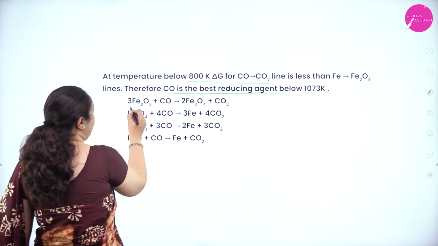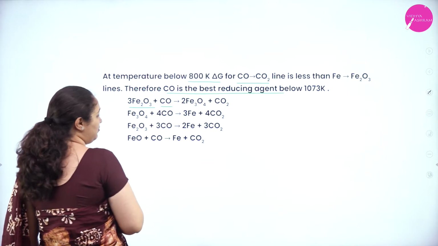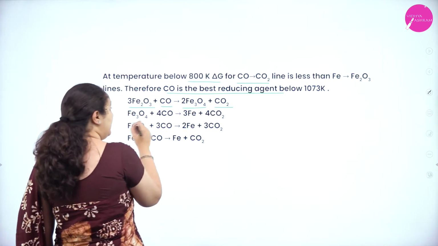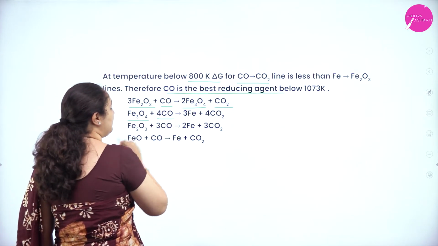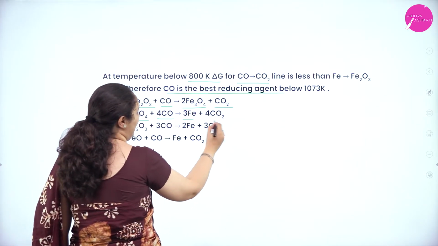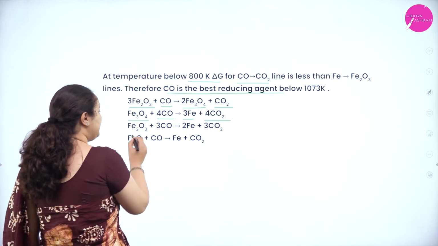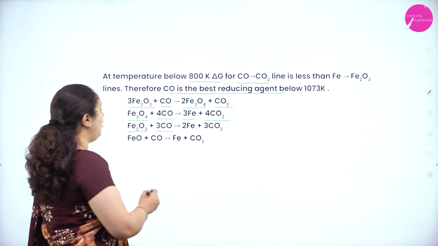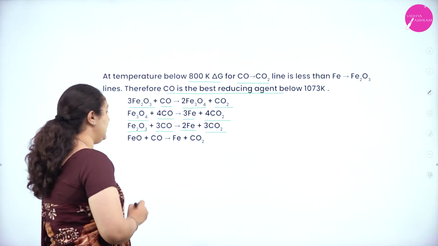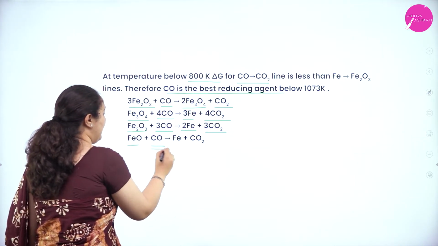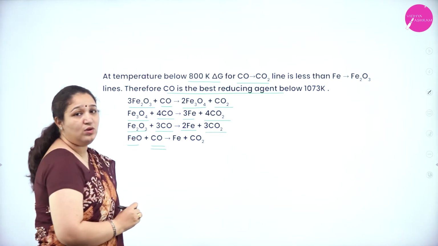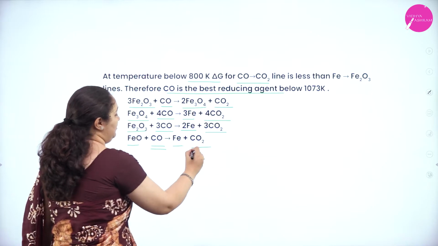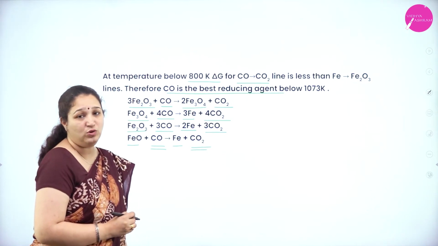So if I have Fe2O3, I can use carbon monoxide. So I'll get Fe3O4 and carbon dioxide. Further, Fe3O4 will react with more carbon monoxide to give Fe, and carbon dioxide gas is liberated. Fe2O3 can also react with carbon monoxide to form Fe and carbon dioxide, and FeO will react with carbon monoxide again to give Fe and CO2.